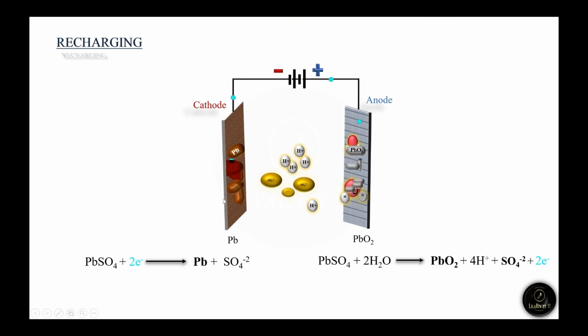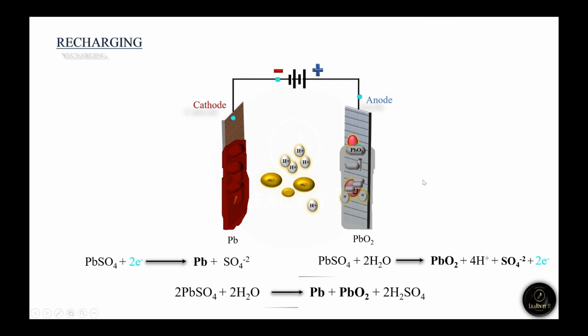So there will be deposition of lead and lead oxide during the recharging. Overall, in the recharging process, the concentration of lead sulfate in the electrolyte decreases, lead oxide is deposited on the anode, and lead is deposited on the cathode.